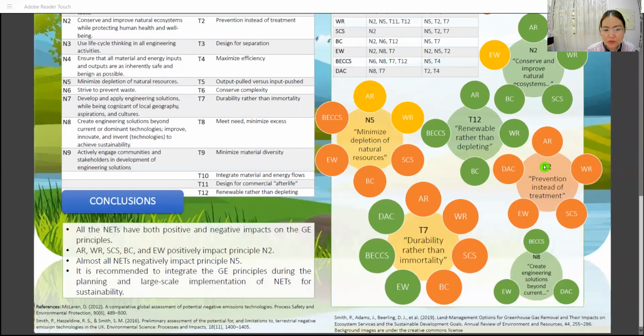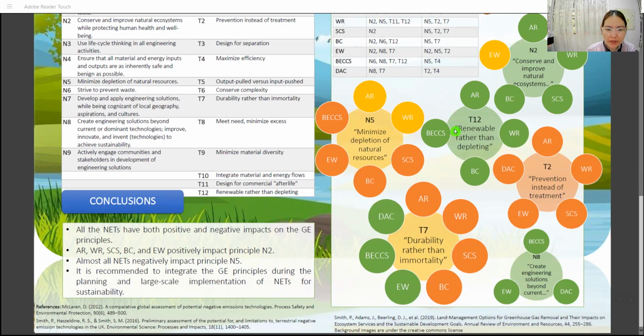Nevertheless, studies showed that both decarbonization and NETs are required to fight climate change, but NETs is not a substitute for decarbonization. BECCS and biochar, on the other hand, are exempted from negatively impacting Principle T2 because both BECCS and biochar are renewable energy sources. They are carbon neutral.